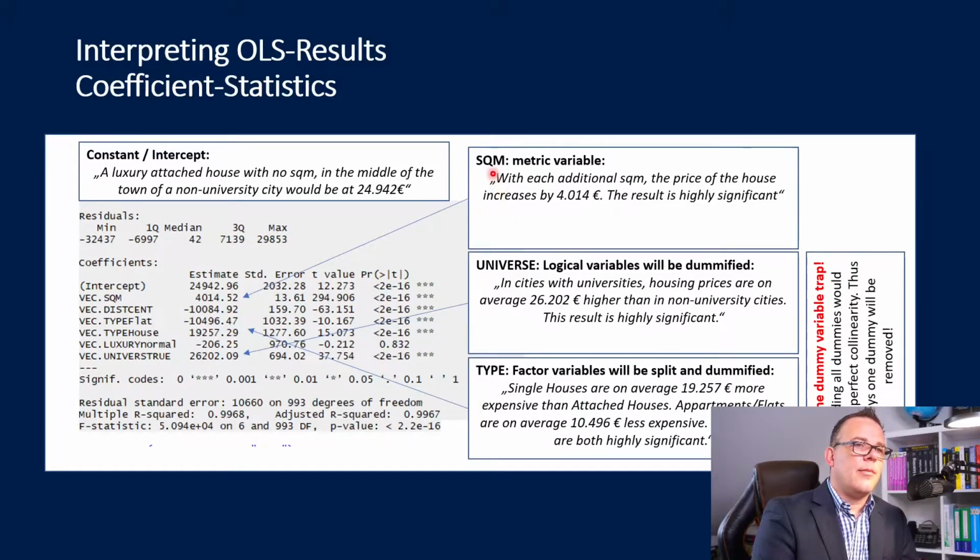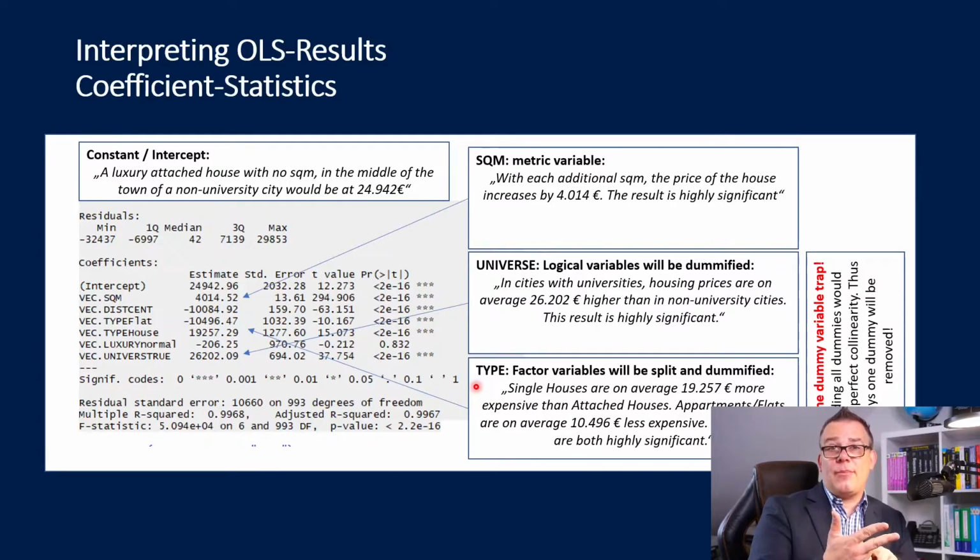So with a metric variable, we always have an additional unit. With logical variables, we always have group differences, coded 0 and 1. That's also 1 unit, right? Type is a factor variable. Just recall that we have single houses, we have attached houses, and we have apartments.